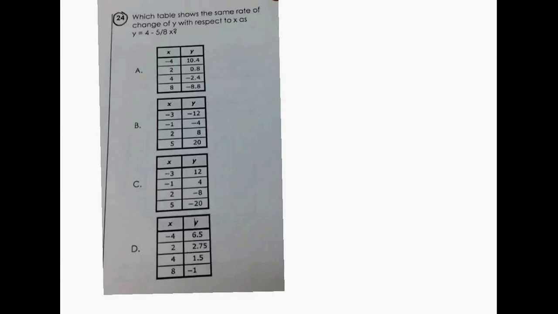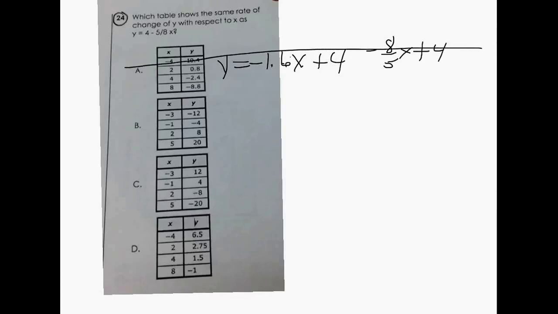This top one I get y equals negative 1.6x plus 4. And then I need to convert this negative 1.6 to a fraction, so negative 1.6, math 1, enter. This is negative 8 over 5x plus 4. So close, but not quite right.